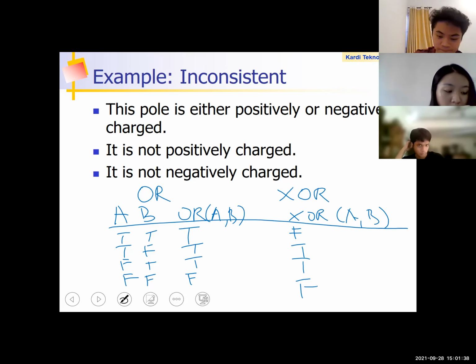Meaning the true is not there. So that's why this is inconsistent, because based on the understanding that or in here represents exclusive or. Because if or in here represents real or, then this is actually still consistent. Why? Because the pole can be both positive and negatively charged. It is still true, you know.